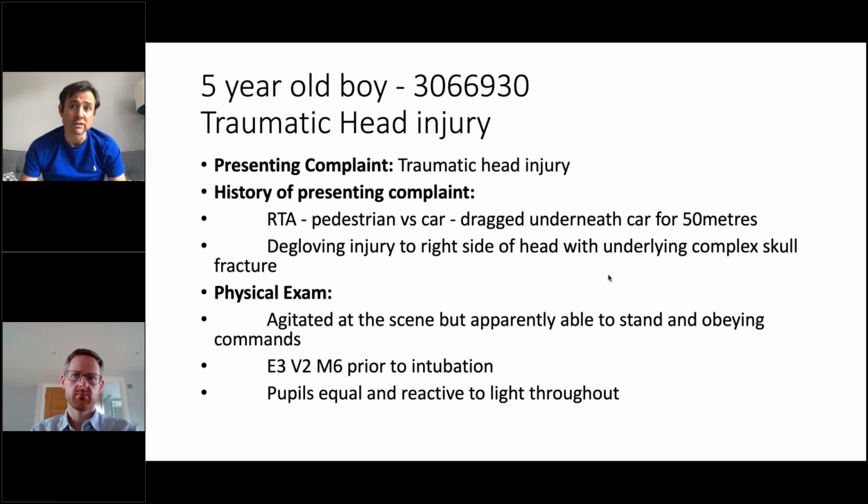He was walking, or I think he may have run, across a zebra crossing, but a car didn't see him, and he got caught under the wheel and was dragged for 50 meters underneath the car before the driver stopped. He had this awful degloving injury to the right side of his head, with a complex underlying skull fracture. His GCS was good at the scene.